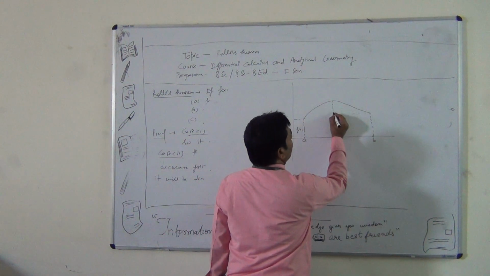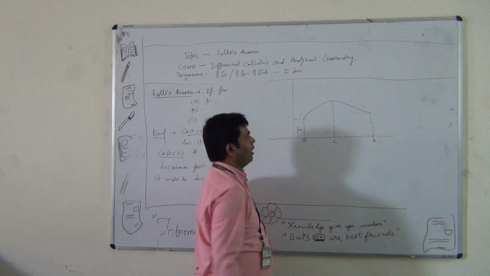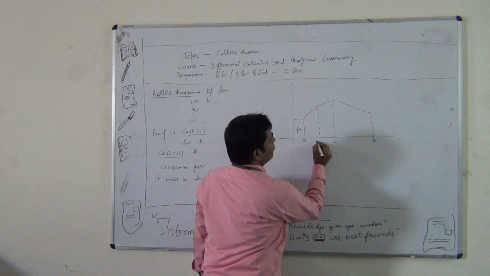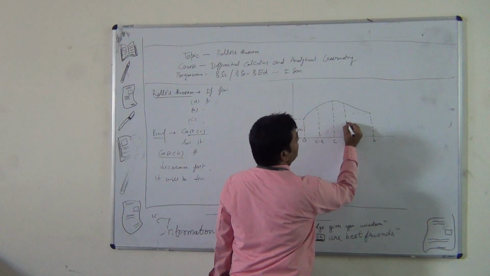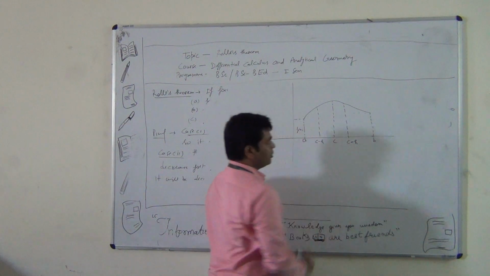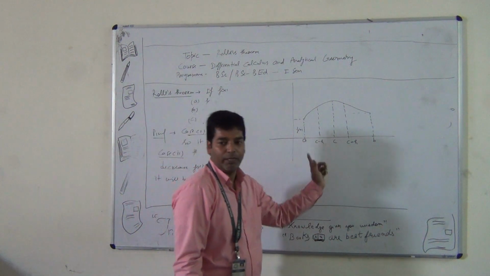Now this is the point C, this is the point C minus h, and this is the point C plus h, where C belongs to (A, B).